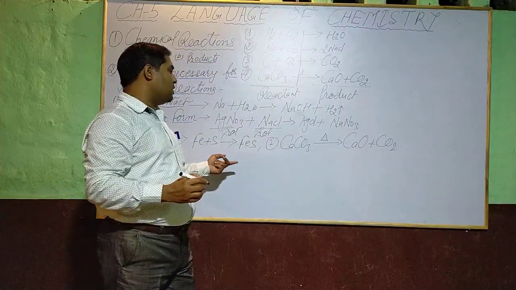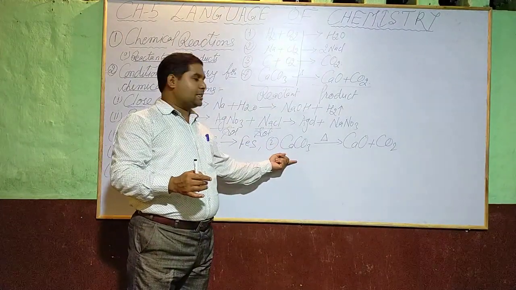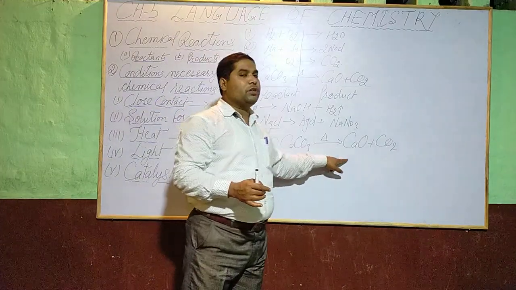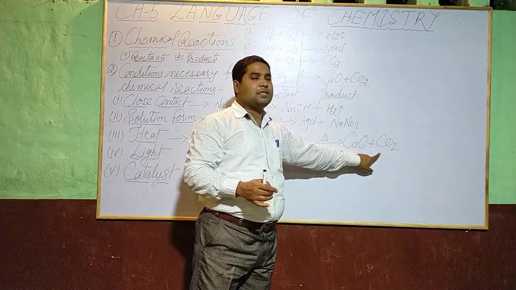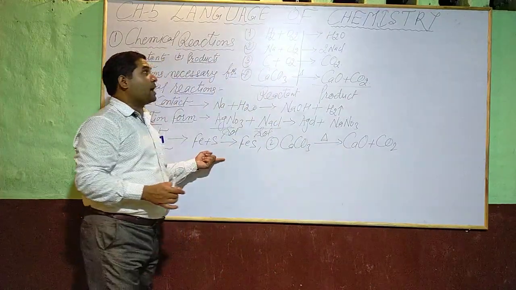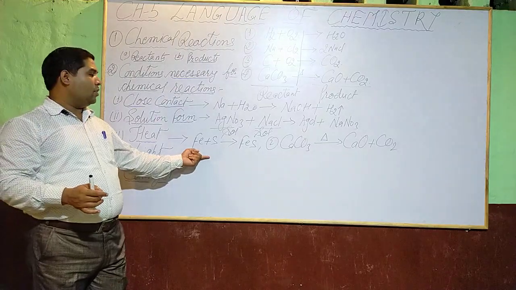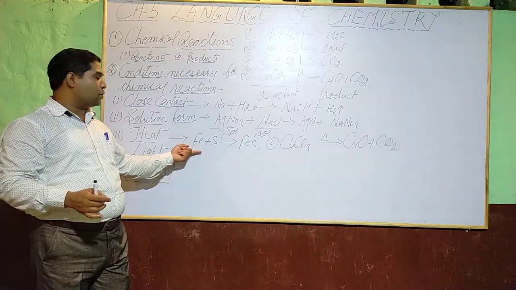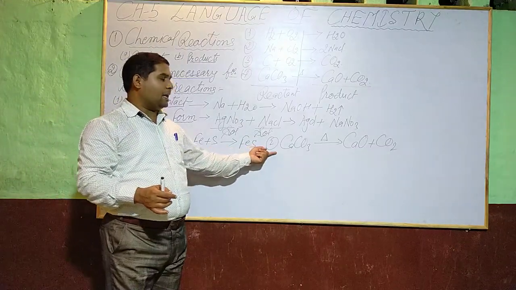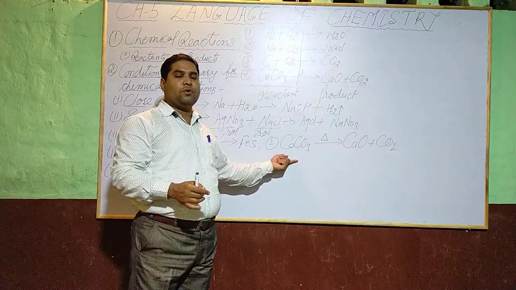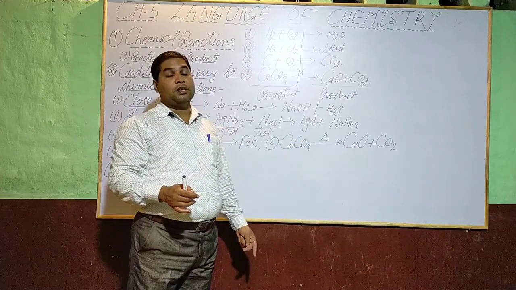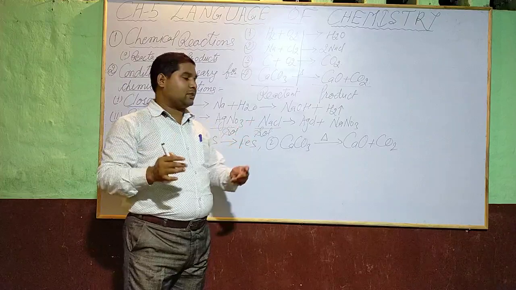This is possible only when the calcium carbonate is heated, and it breaks into two new products, calcium oxide plus carbon dioxide. So heat is the factor. Heat is the factor which helps iron react with sulfur to form iron sulfide, and here calcium carbonate breaks or decomposes into two new products due to the factor heat.